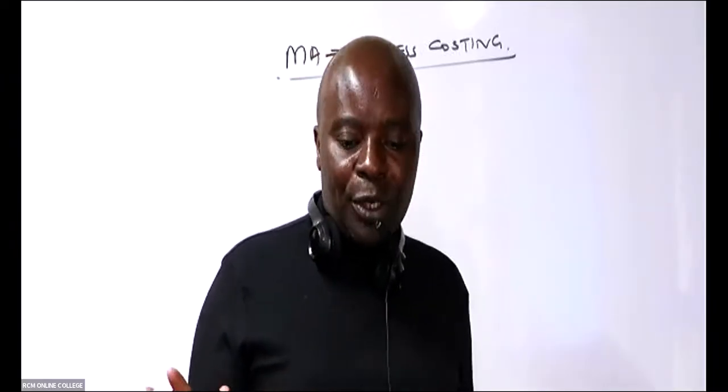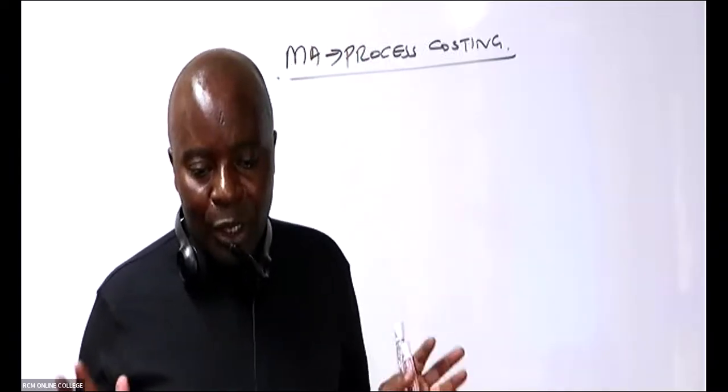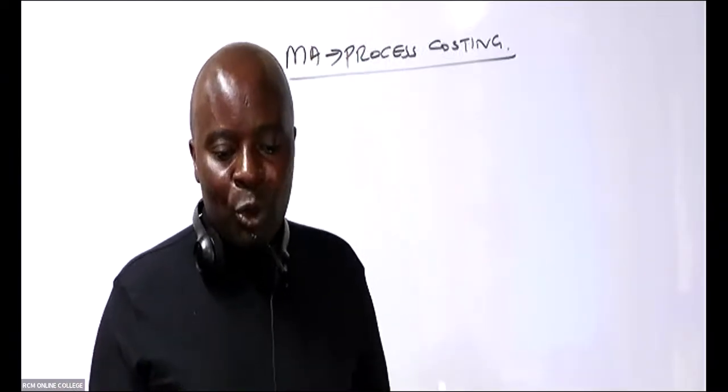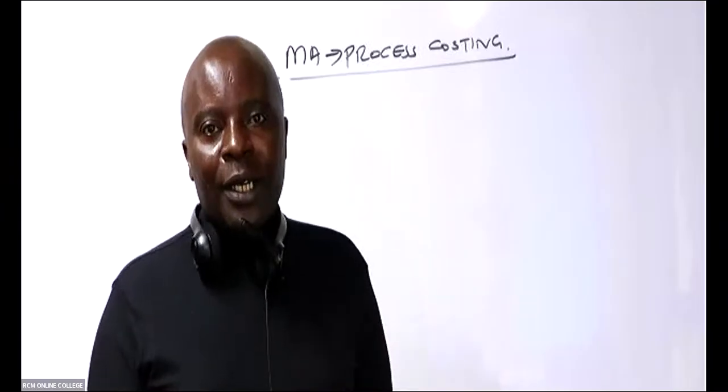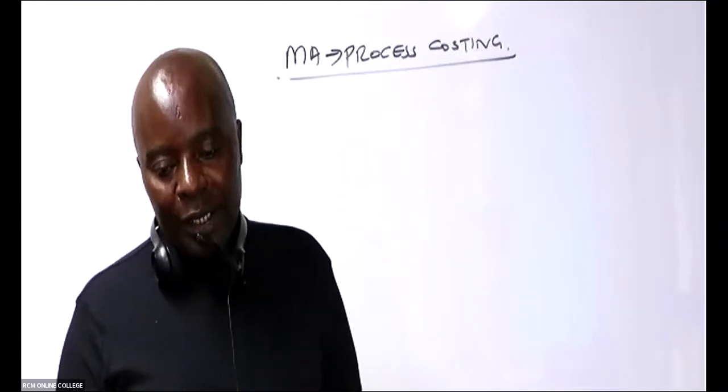And then, of course, the last lesson, which will be next week on Thursday evening, I'll do what we call work in progress, both closing work in progress and opening work in progress. Those are the only areas which are left. So let's see how far we can push this particular area in an hour.